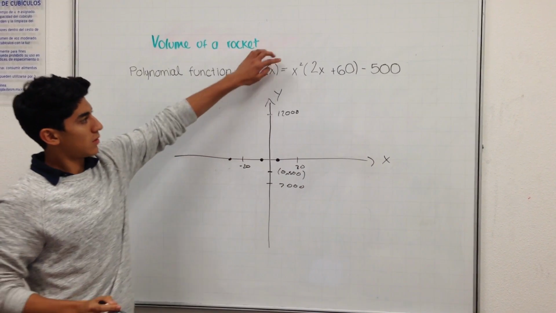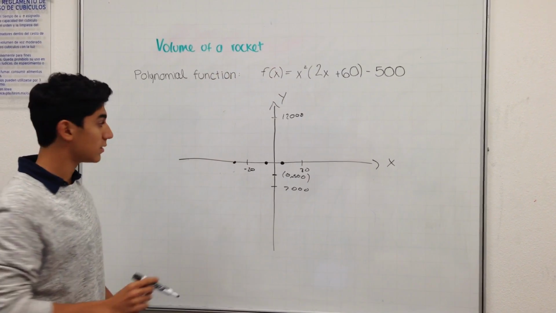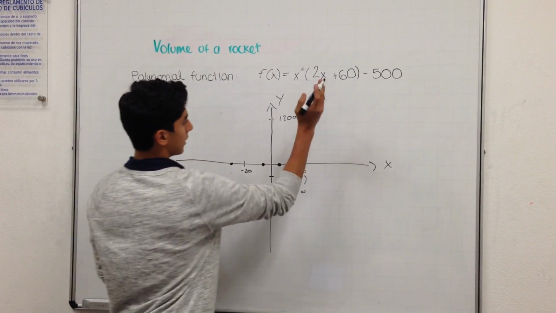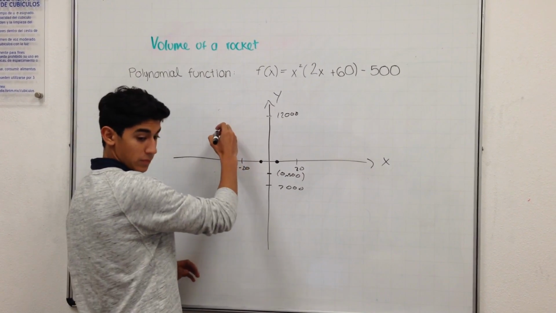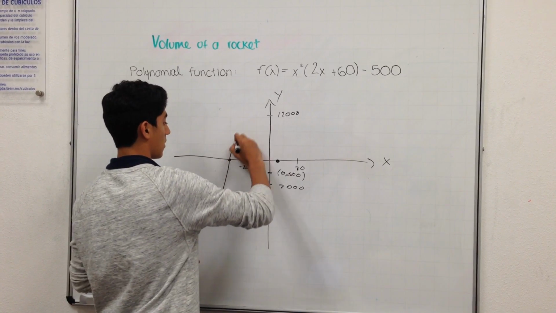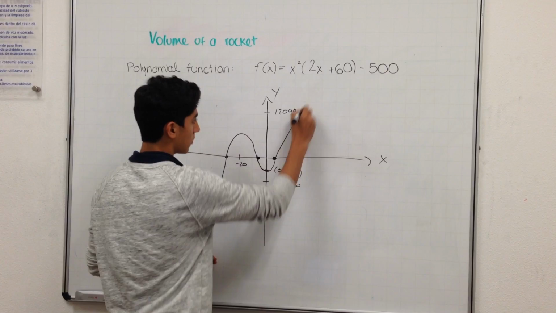So we know it's an odd degree, it's also positive. So we know it's going to end like this and not like this. So it crosses the y-intercept and it goes all the way.